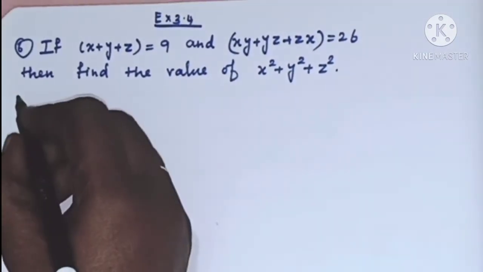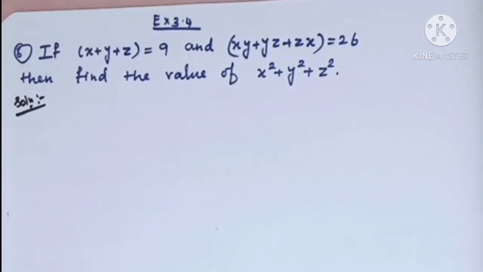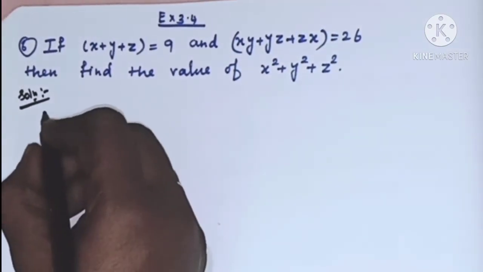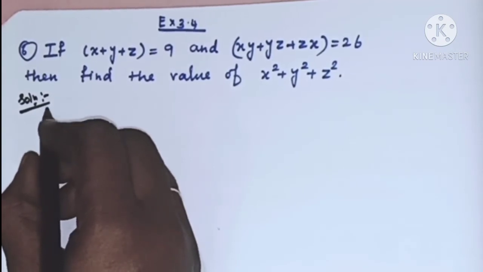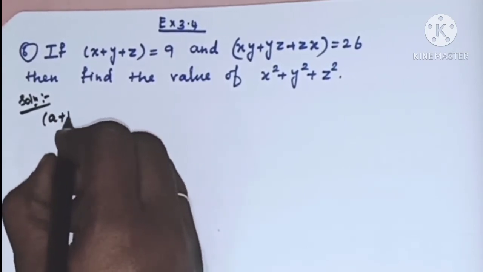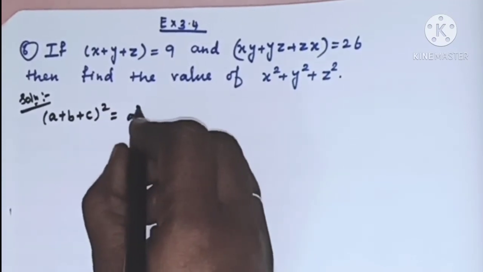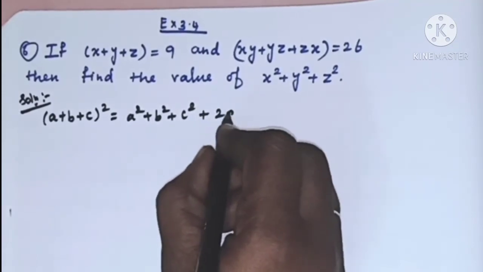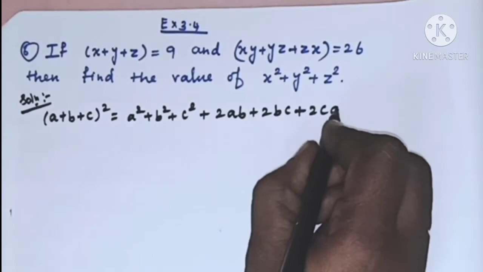For this solution, we have to use the identity A plus B plus C the whole square is equal to A square plus B square plus C square plus 2AB plus 2BC plus 2CA.